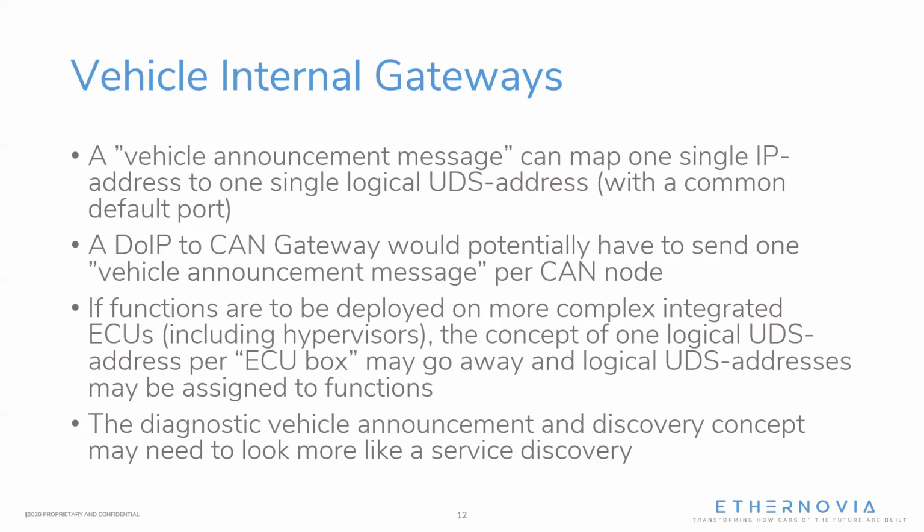And so we're likely to actually see an increase in UDS addresses that are being used within the vehicle. But this will also mean that we need more vehicle announcement messages unless we want to have a secondary protocol to help us discover these UDS addresses and how they are reachable. So I think we can learn from this that we definitely need something more like a service discovery system than a box discovery system.